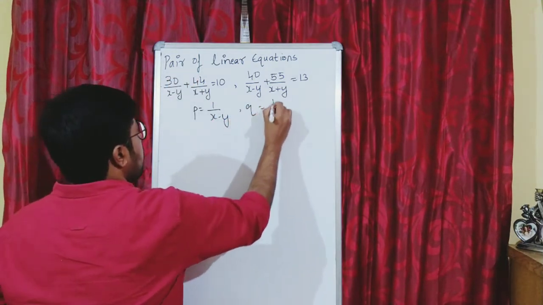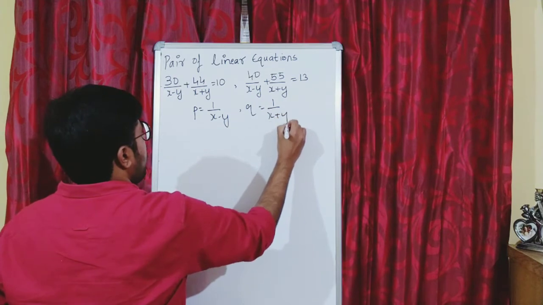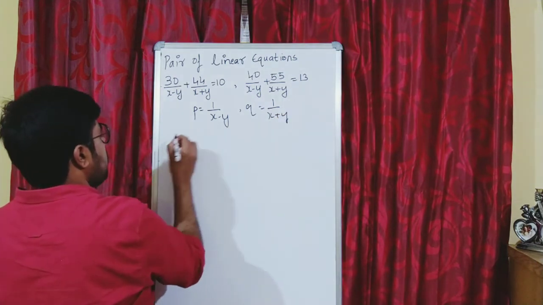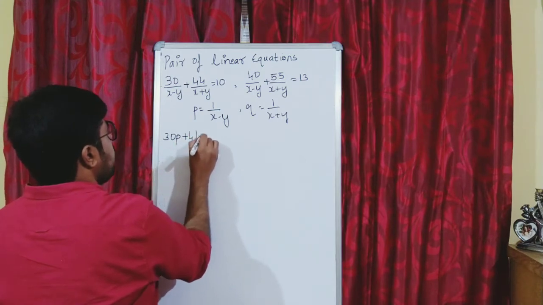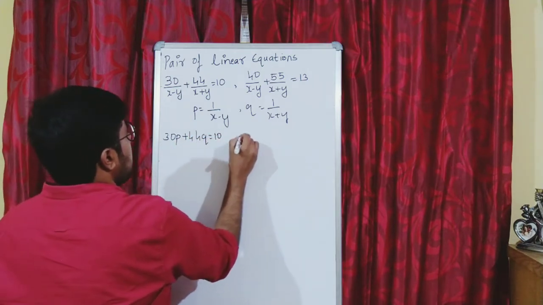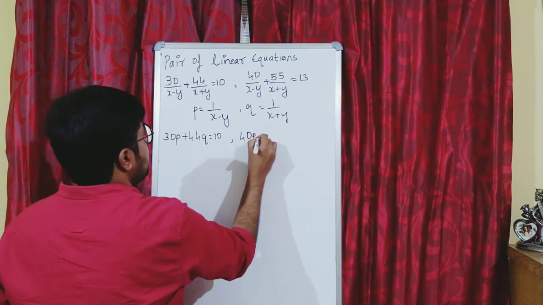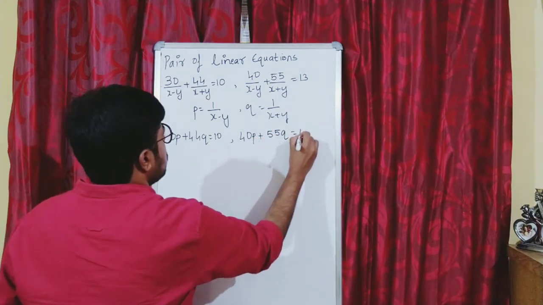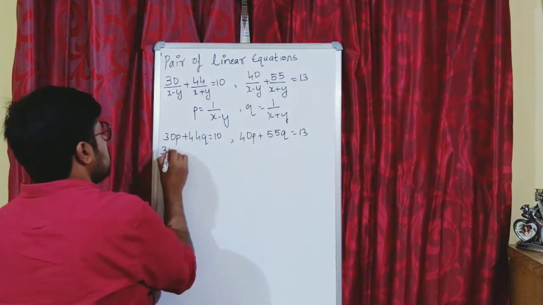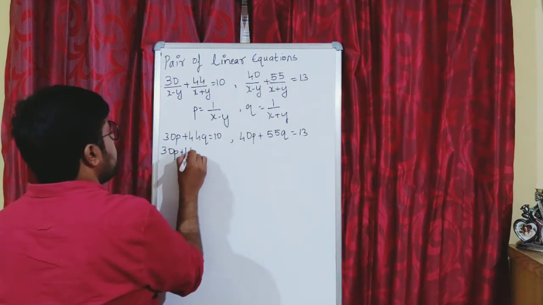Then q equals 1 by x plus y. Therefore both equations reduce to 30p plus 44q equal to 10, and 40p plus 55q equal to 13. So now make it in general form.